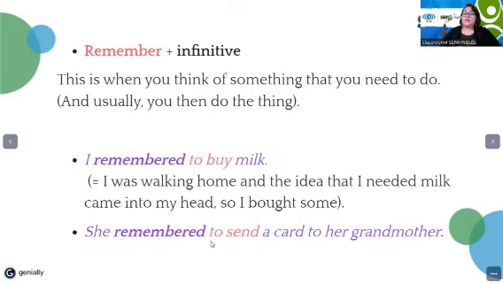What happened here? She remembered that she had to write a card to her grandmother. It's something that came to her mind. Okay.